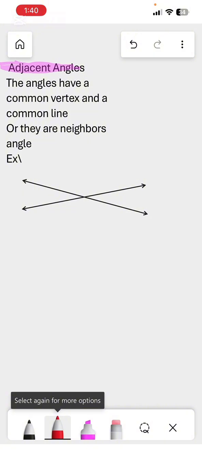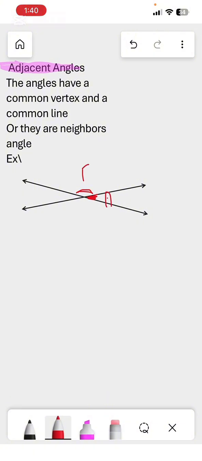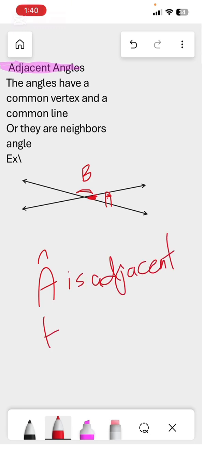Now in the figure, if you look at it, this part and this angle are exactly beside each other. So we can say they are adjacent angles. If we name it angle A and angle B, we would say angle A is adjacent to angle B.